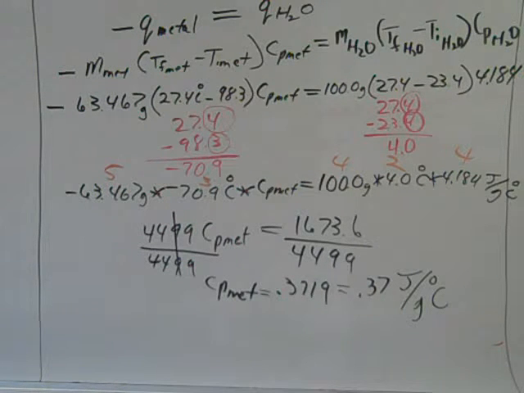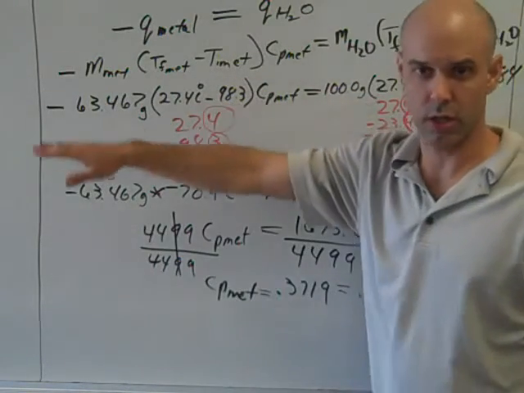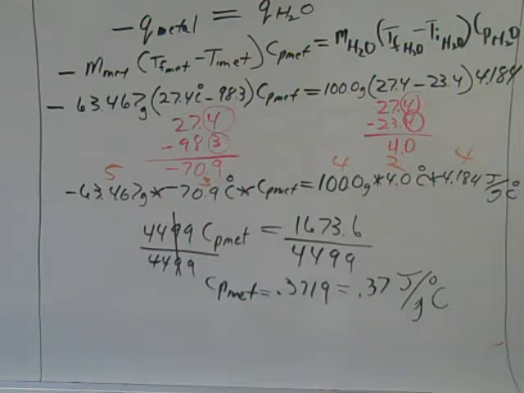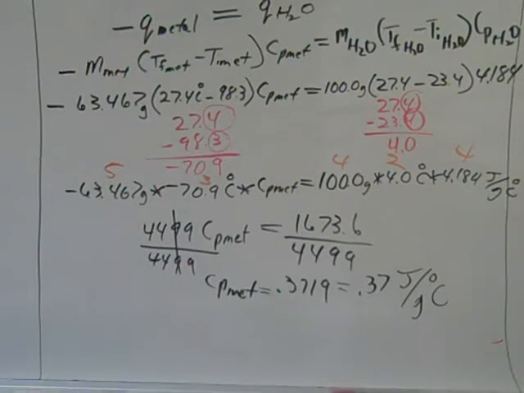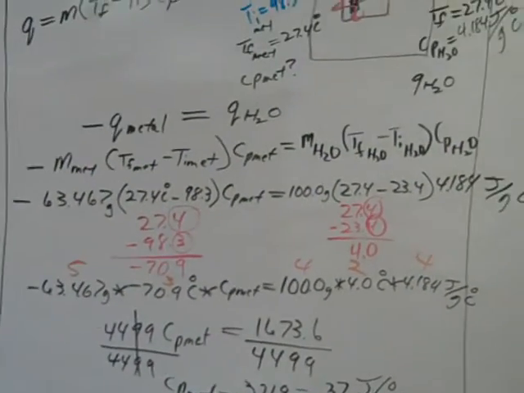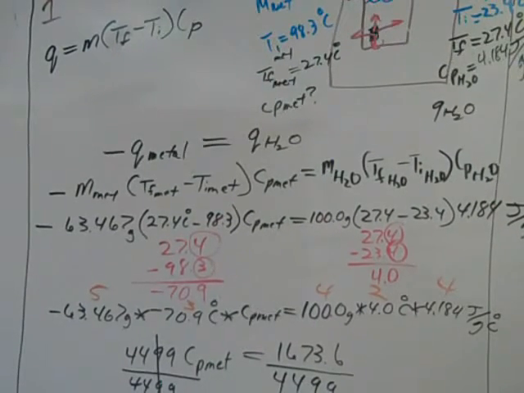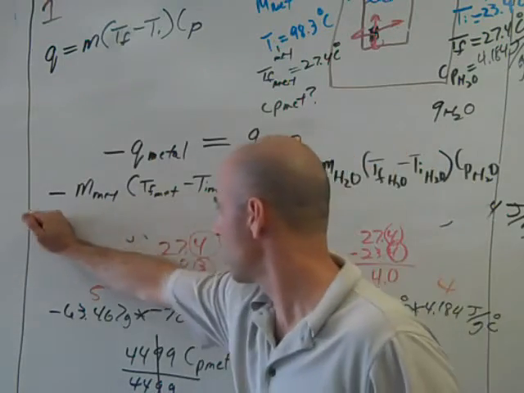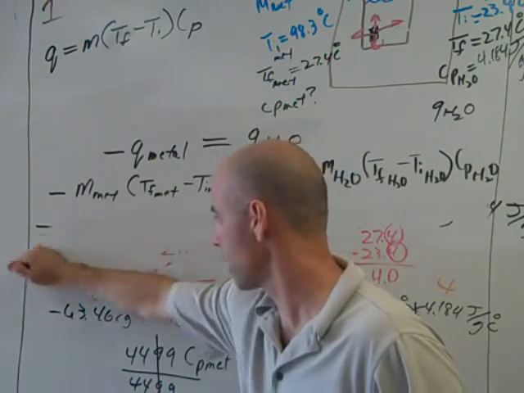So what I'd want you to do then is to redo this calculation, but now I want you to use your trial 2 data. If you're going to use your trial 2 data, you just plug in the different numbers, okay?